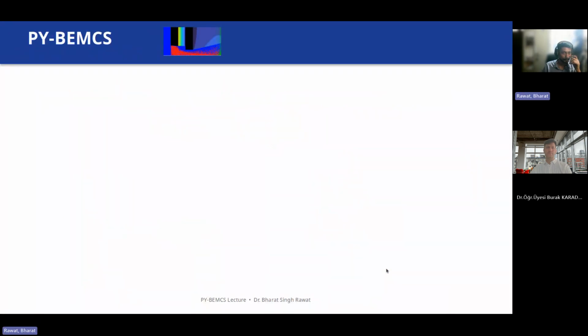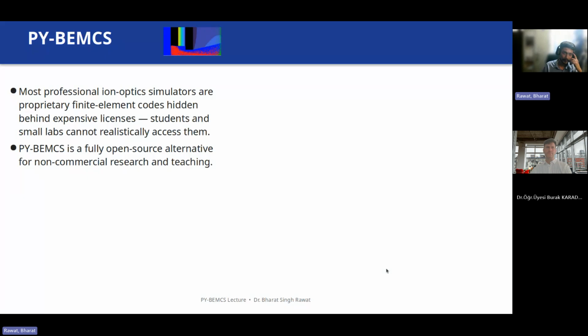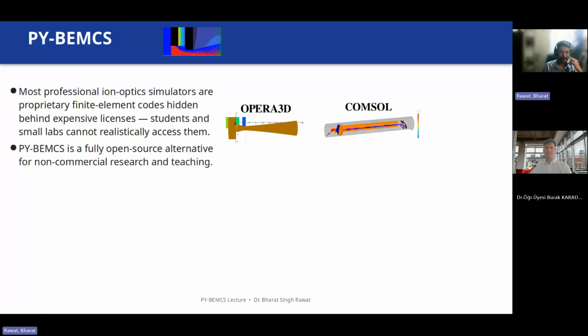So now I would like to introduce PyBEMCS, and why I worked with PyBEMCS. Most of the ion optics that are being designed use commercial codes like Opera 3D, which I used in my PhD, COMSOL, which is also a very popular software for electromagnetic simulation, and CST Studio, which I also used in my PhD.